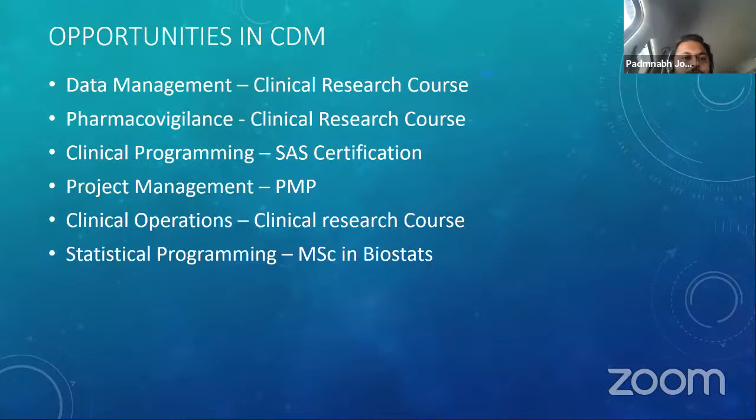So even if you are a B Pharm or M Pharm graduate and have not done a clinical research course, it's still fair to get into a clinical data management job, because once you get into a job, trainings will be given to you and an overview of this industry will be provided. Even if there is a disconnect between what's taught while we study and what exactly happens in the industry, this gap gets covered in the initial 2 to 3 months of training that an organization imparts to any new member that joins the group.